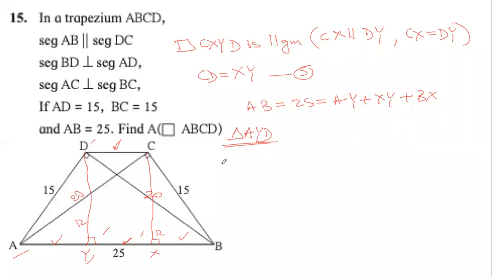Using Pythagoras theorem, we can say AY equals square root of 15 square minus 12 square, which is 225 minus 144, which is square root of 81, which comes to 9. This is 9. This is 9.